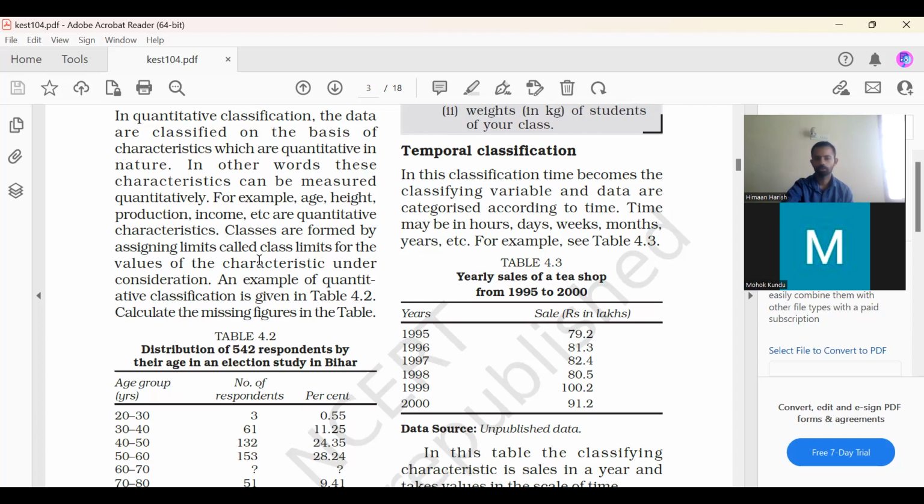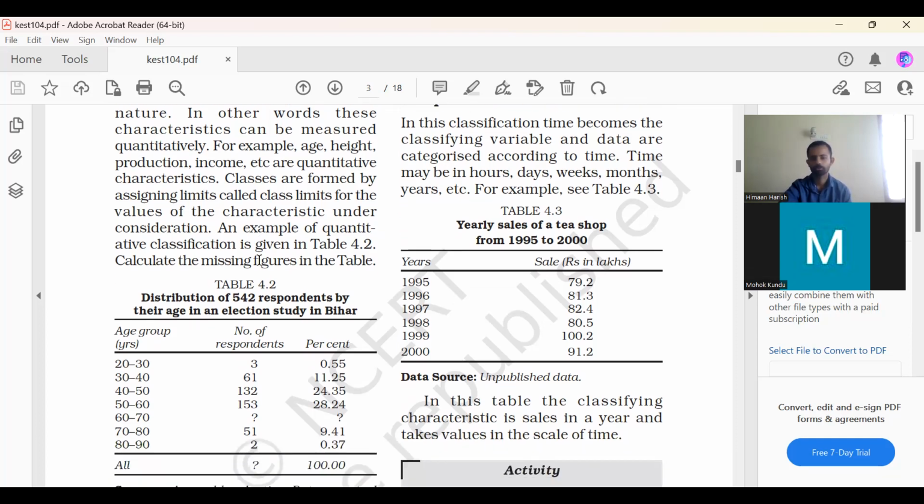In 1997, the tea sales in rupees lakhs was 82.4, whereas in 1998, sale was 80.5 lakhs. In 1999, it was 1 crore, 100.2 lakhs. In 2000, it was 91.2 lakhs.